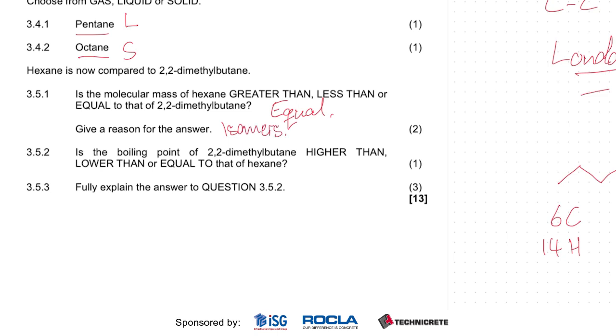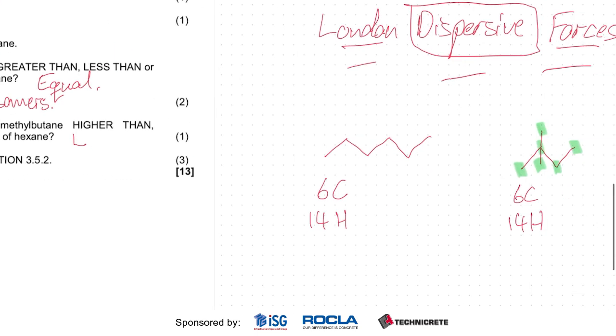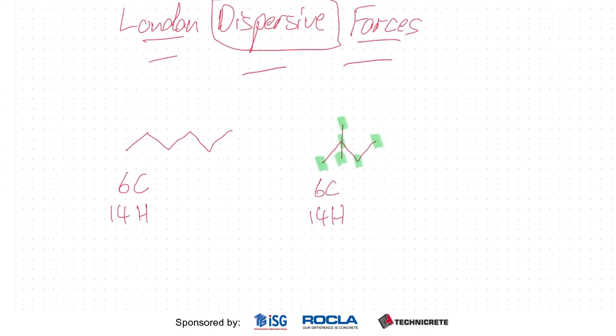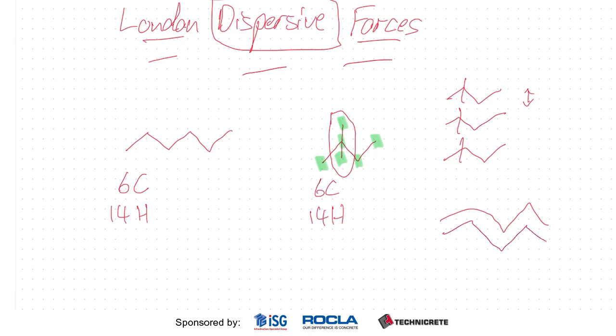Is the boiling point of 2,2-dimethylbutane higher than, lower than, or equal to that of hexane? Lower, yeah. You see, the thing is, this branching here means that when the molecules pack, okay, so the packing of the molecules, this space is greater compared to when we have hexane.